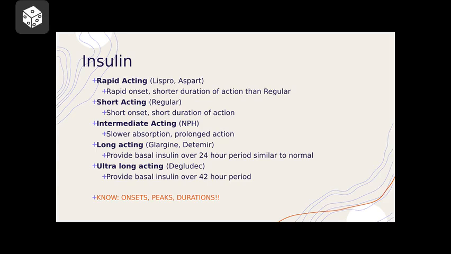So that's going to give you that quick acting to cover you during the meal, and then a little bit slower acting to cover you in between meals. Really, really important. I think it's the third time I've already said this: you have to know the onset, the peak, and the duration.